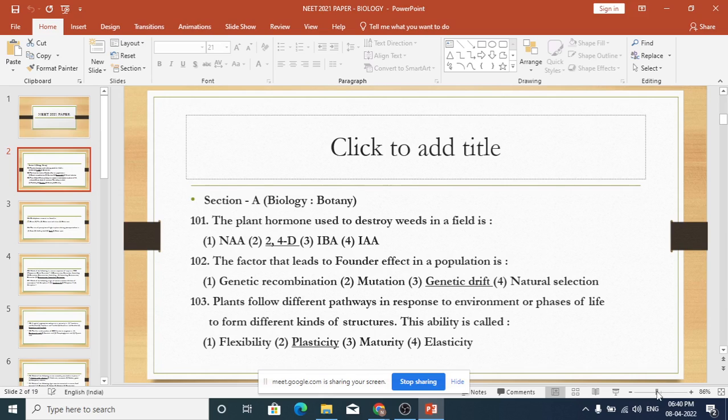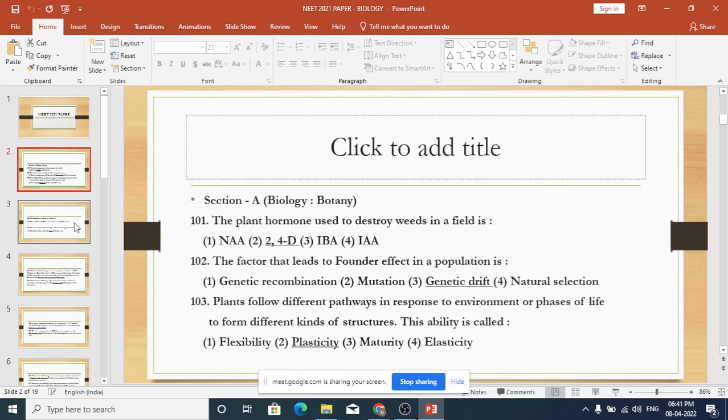From more of a common sense point of view, because I don't know the biology, in a human being we may call it flexibility. They have given maturity, elasticity and plasticity. I think the answer they have given is plasticity. Anybody else? Anybody knows the answer? The answer given in the key is plant plasticity.